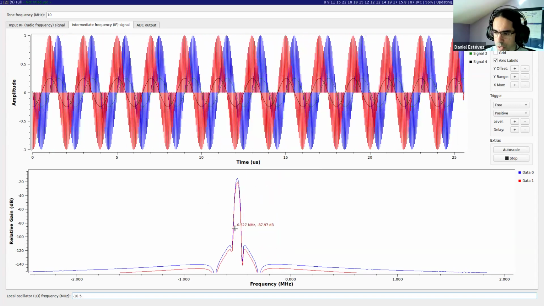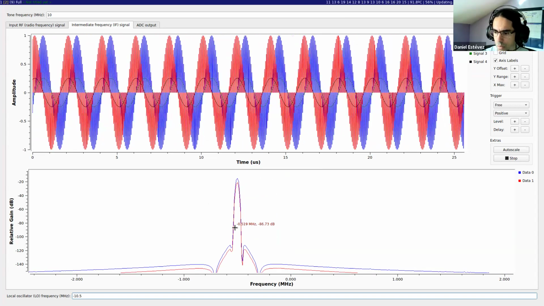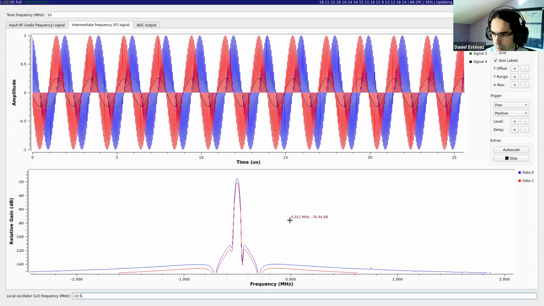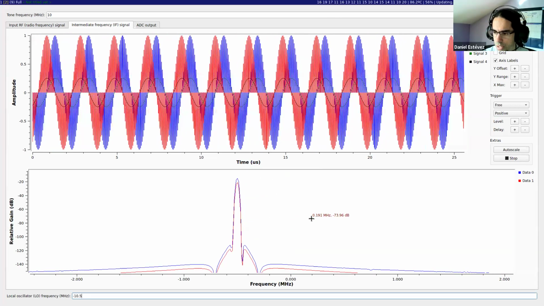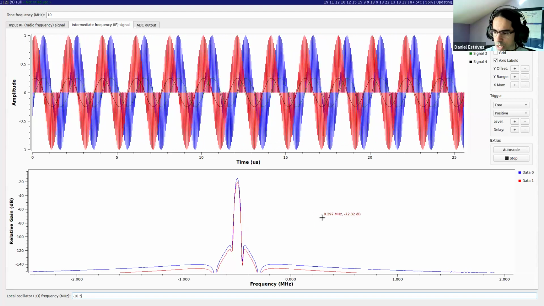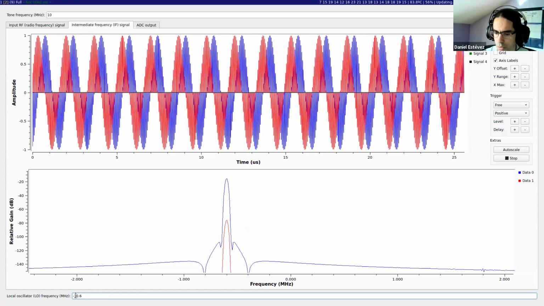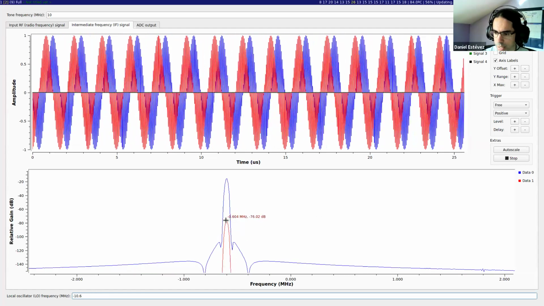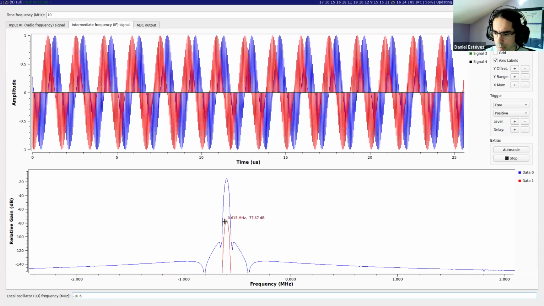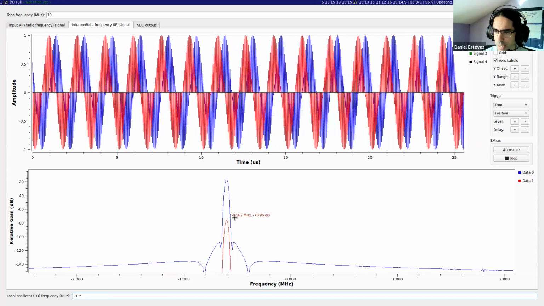So the cutoff frequency of the filter is from -500 kilohertz to +500 kilohertz. That is the frequency range that the filter lets go through. And in fact, if I continue to -10.6, now the signal is at -0.6 megahertz, but it is heavily attenuated.